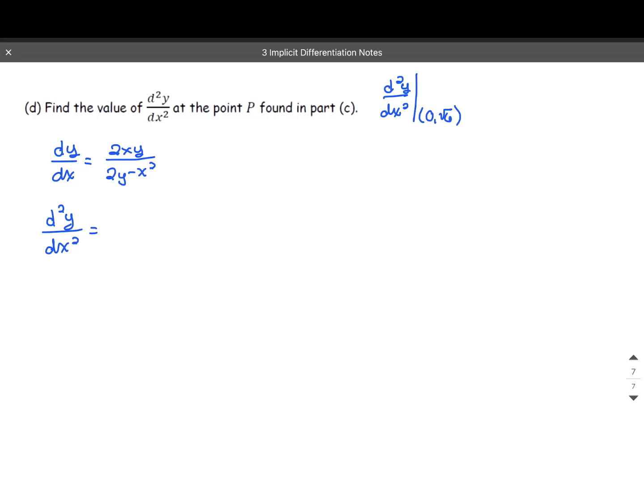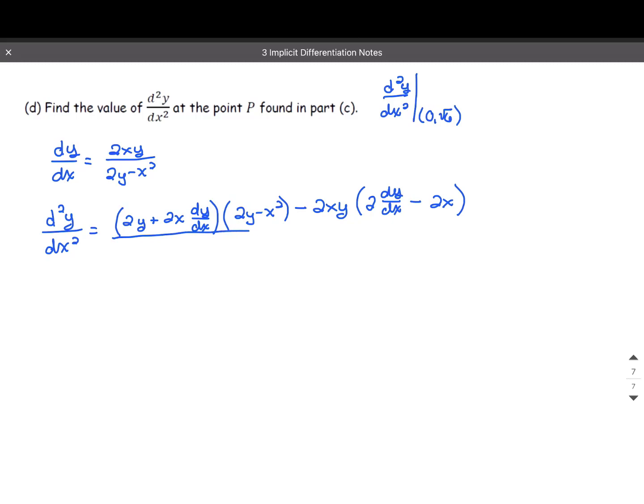But in order to do the derivative of the top, we need to do a product rule. So the derivative of 2x is 2, keep the y, plus keep the 2x, and the derivative of y is dy/dx. So that's the derivative of the top, times keep the bottom, minus keep the top, times the derivative of the bottom. The derivative of 2y is 2 dy/dx, minus the derivative of x squared is 2x, all over the bottom squared.